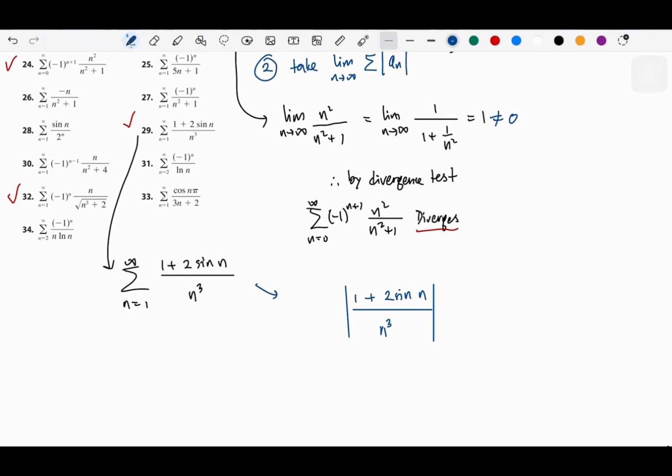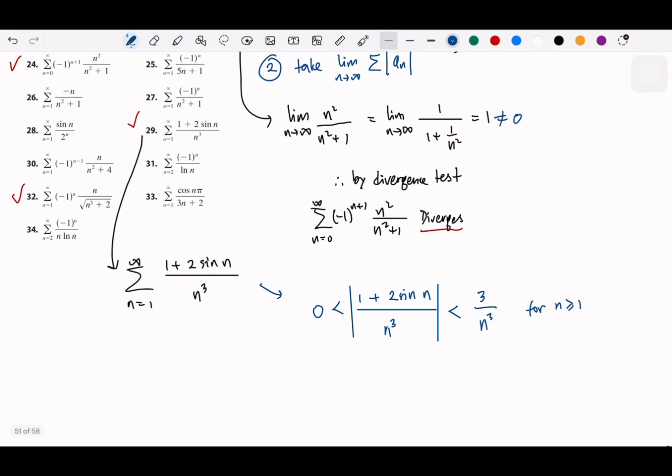Okay, and then we say that this will be less than 3 over n cubed. And of course, it should also be positive, right? It should be greater than 0. So for n starting from n equal 1 and greater, this works for obvious reasons, right?